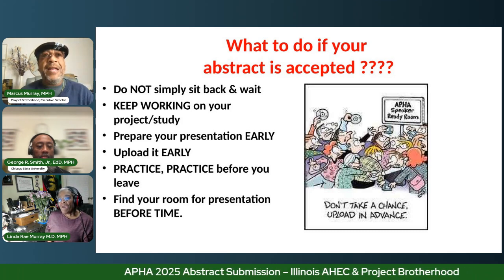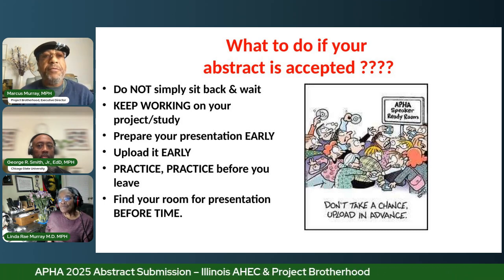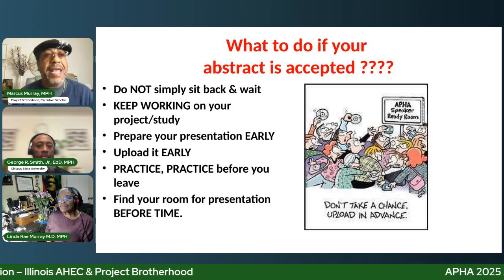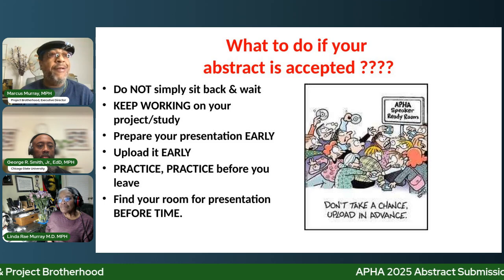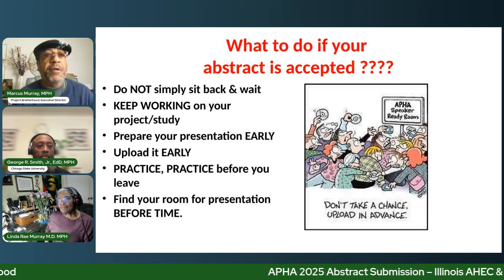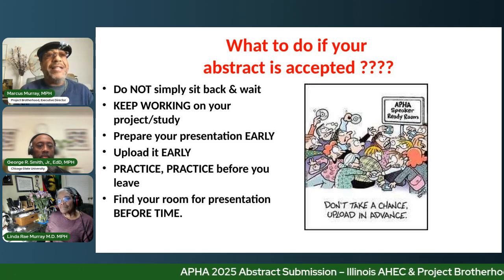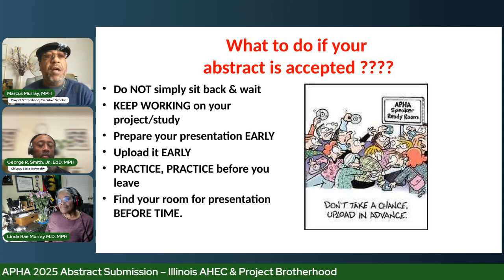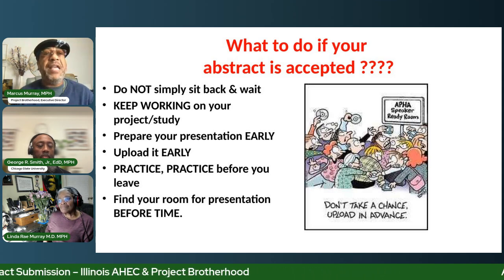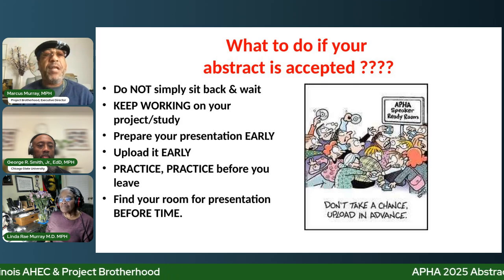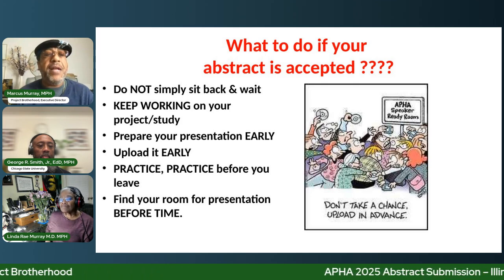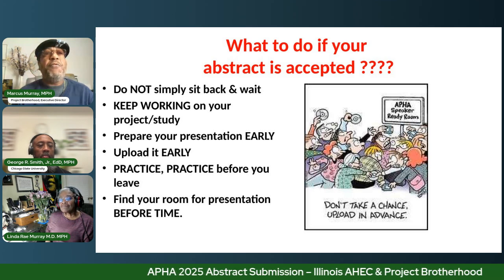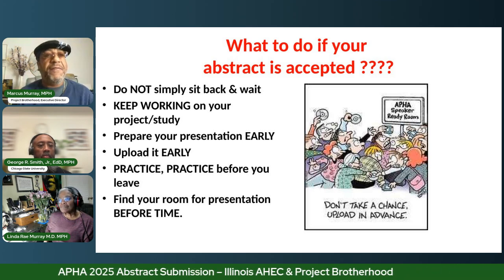And I would add, when you present, tell some stories. People there are professionals. We're academics, so we understand certain things. You don't need to break down the social determinants of health to us when you're presenting, unless it has to do directly with some outcome, some objective that you're presenting on. So a lot of times when we get places, I'll give you an example from Project Brotherhood. We tell our young brothers, nobody knows what you did. Nobody knows what you know. Share it with them. Sometimes people want to hear what it's like to organize a focus group.